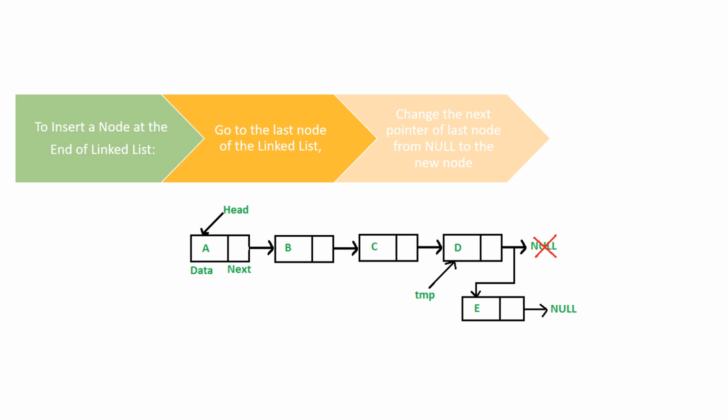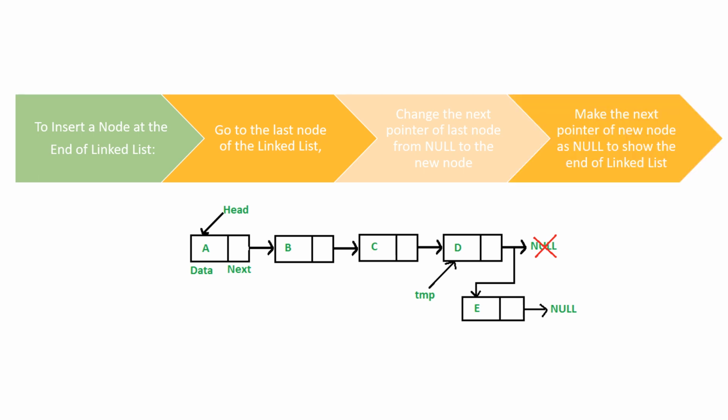Here we change the next pointer of the last node from null to the new node. Since we are inserting the node at the end of the list, we then make the next pointer of the new node null to show the end of the linked list.